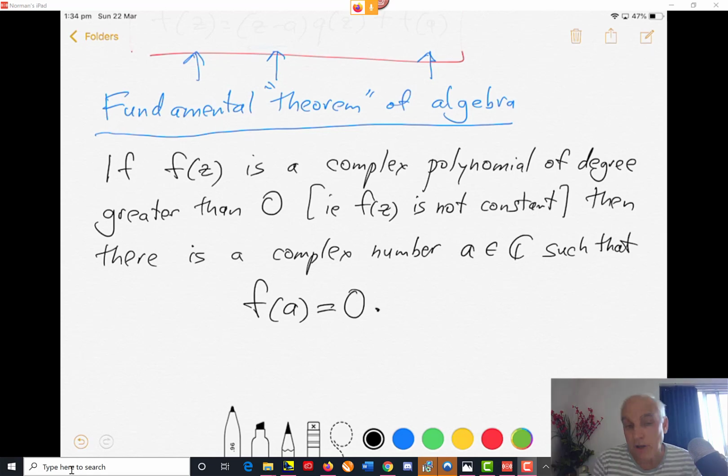So every non-constant complex polynomial has a zero.